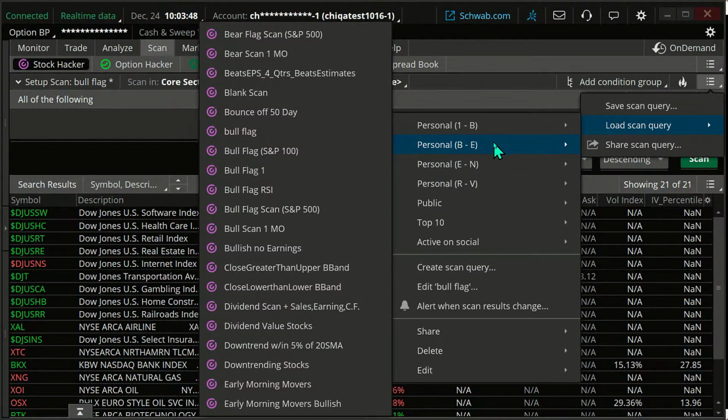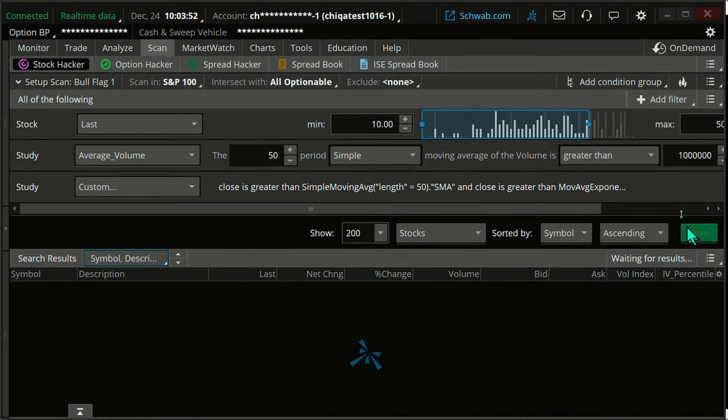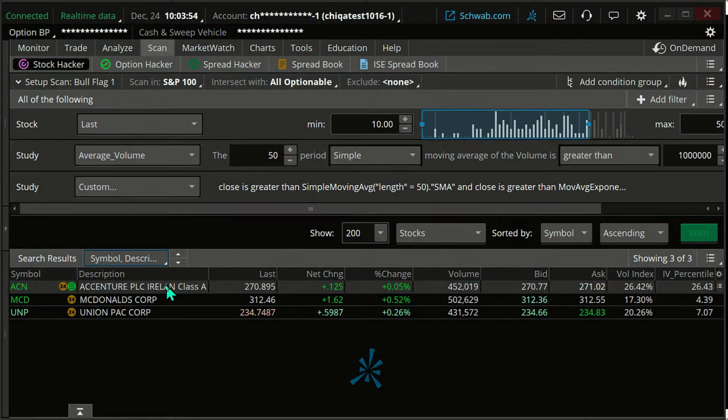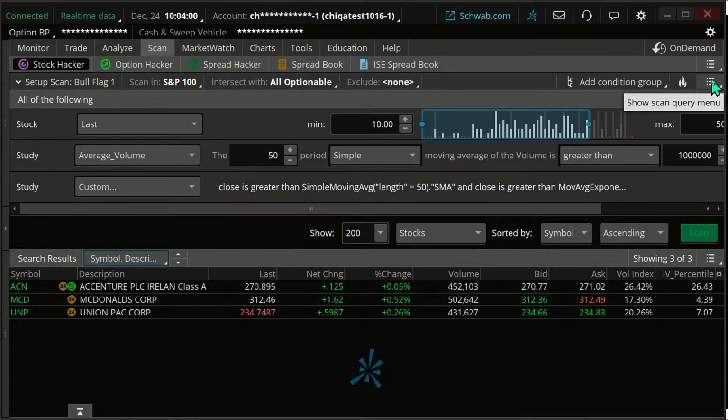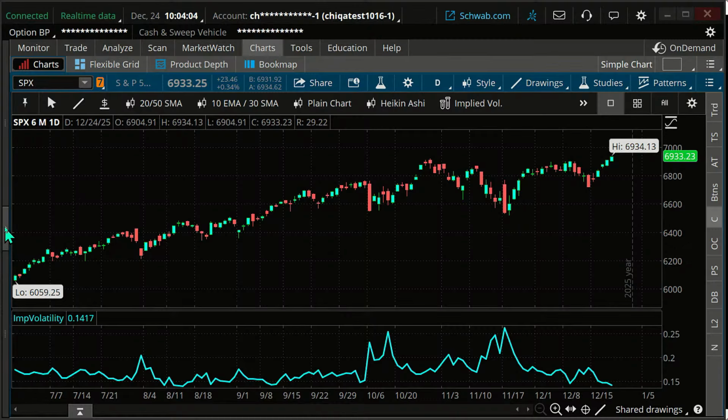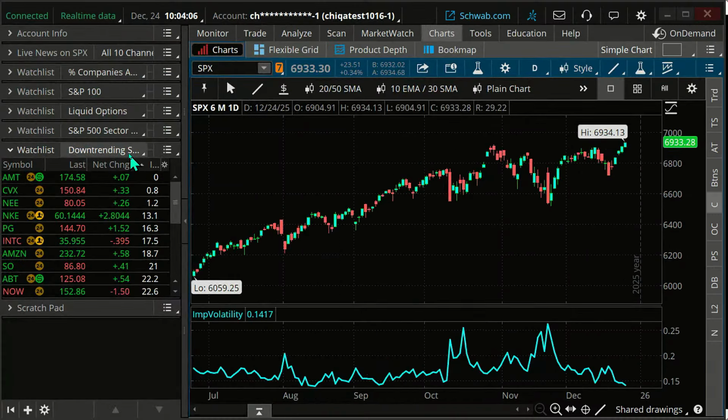But what I don't like to do is just run a scan. Let's say I run this scan here and it comes up, and then I pull up the stocks that way. Because once you run the scan and save the scan, what you can always do is pull up the saved scans in the watch lists.